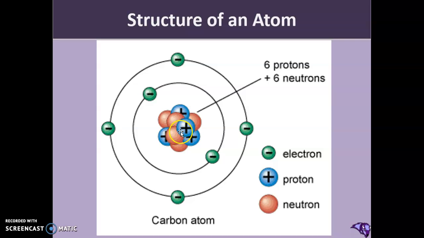Protons have a positive charge. Neutrons do not have a charge, so they're considered neutral, and electrons have a negative charge. Again, thinking back to ninth grade physical science, there are only a certain amount of electrons that can be held on each energy level. So we'll get into that in a minute here.